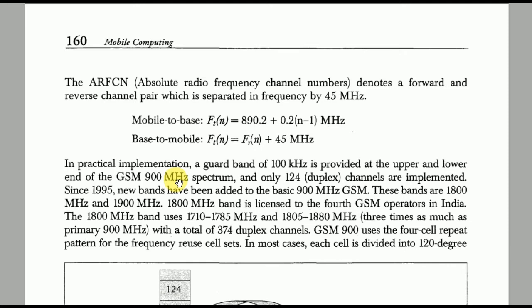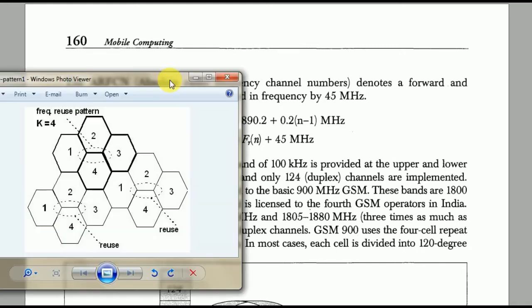These new bands are 1800 MHz and 1900 MHz. The 1800 MHz band uses 374 duplex channels. In the 900 MHz band we have only 124 duplex channels.